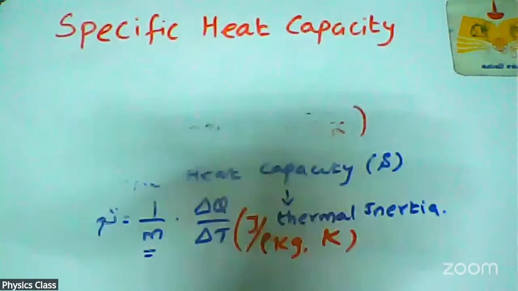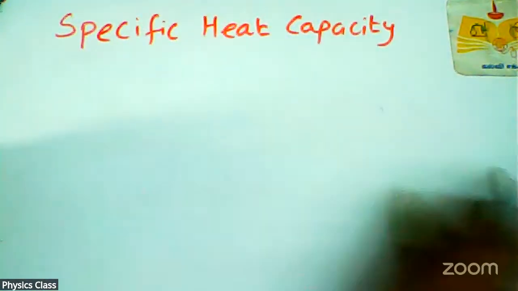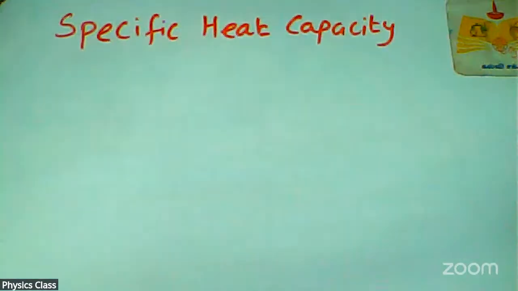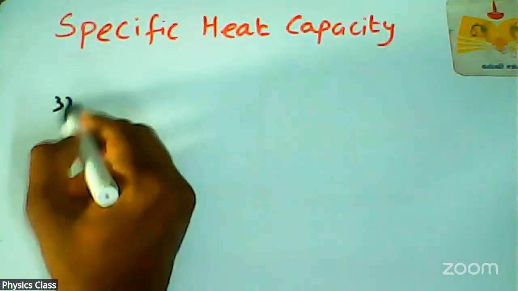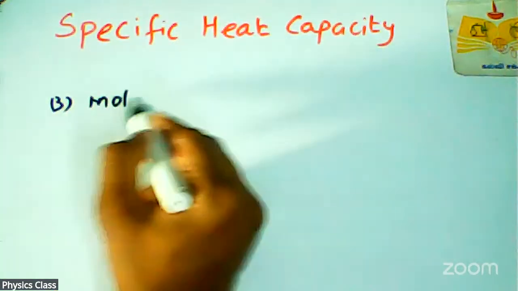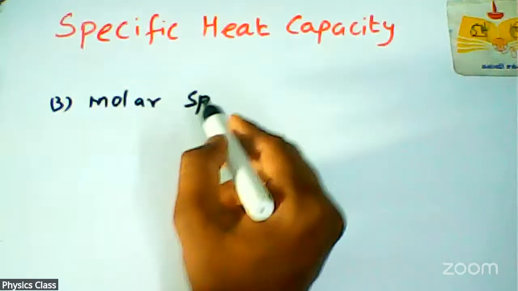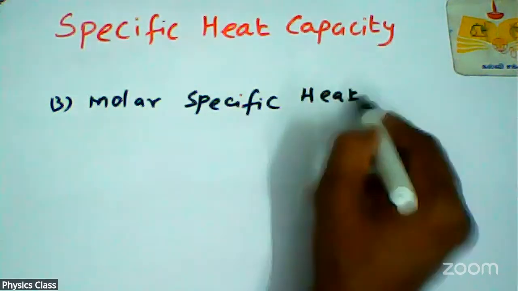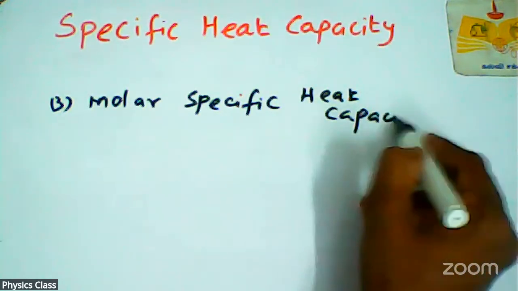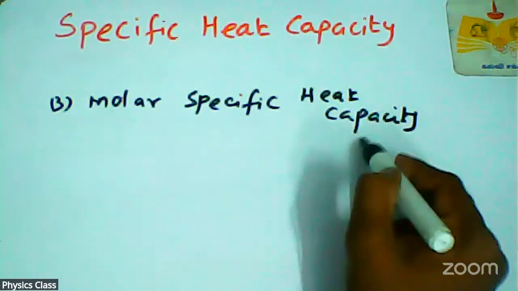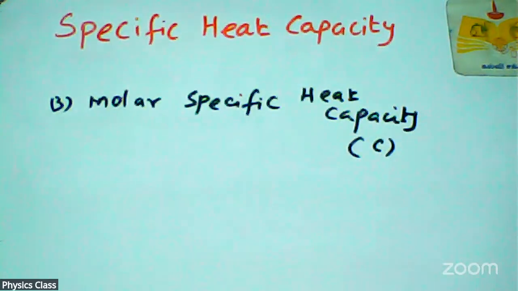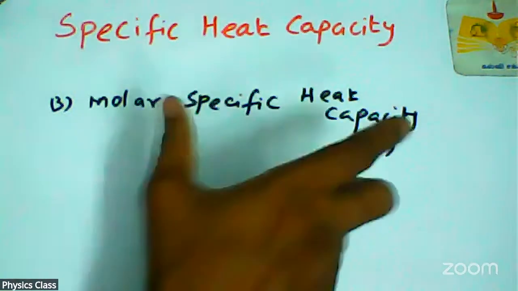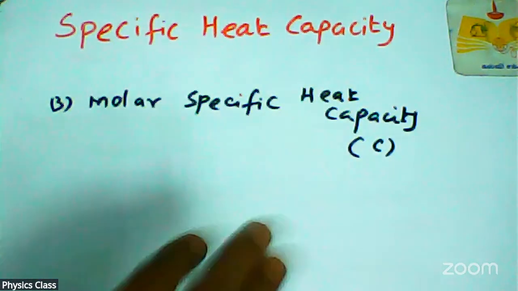Next one, molar specific heat capacity. Already you know the term mole, molar. This is the third one, and this is capital C. This is the heat capacity normalized by the number of moles.